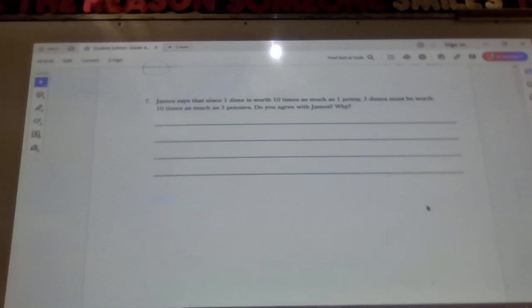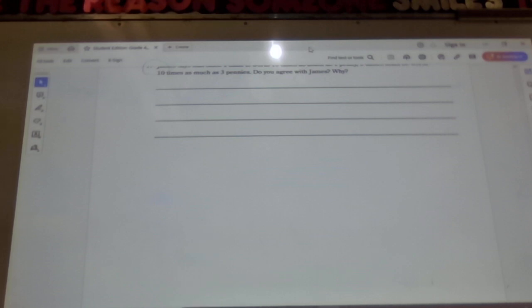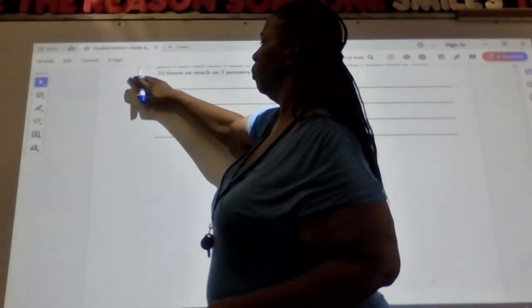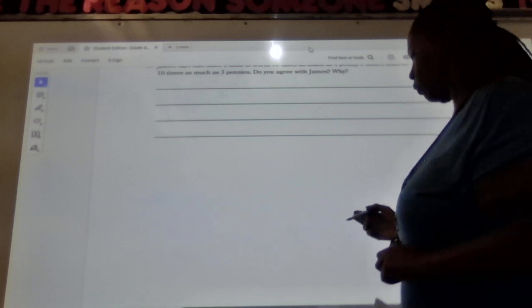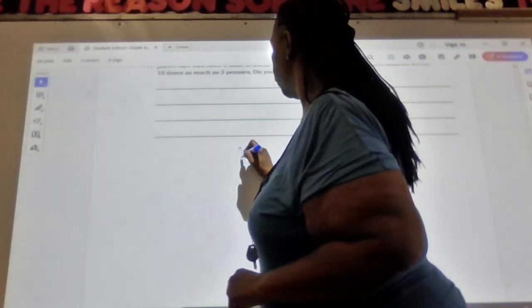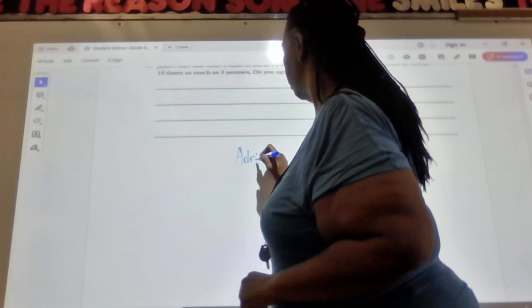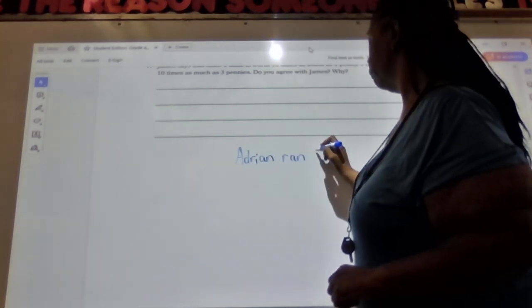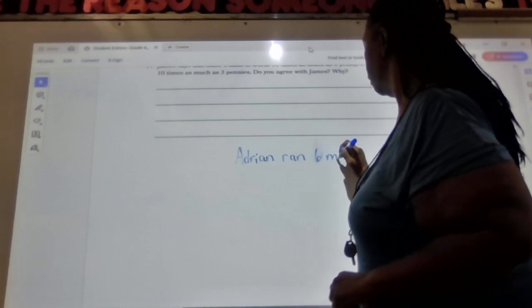So I'm going to use this clean space at the bottom to continue to work with word problems and doing the multiplicative comparison. So one, I'm going to use Adrian ran 6 miles.